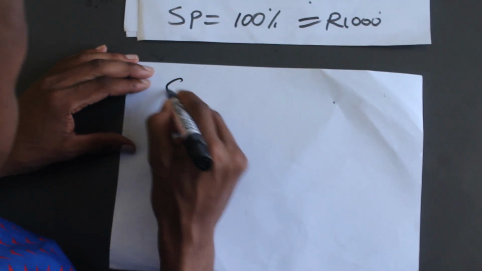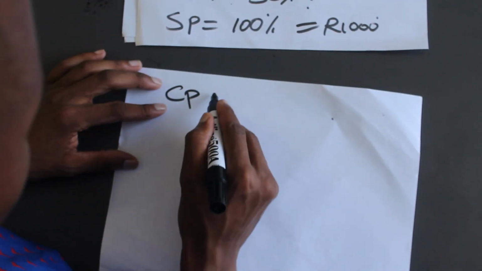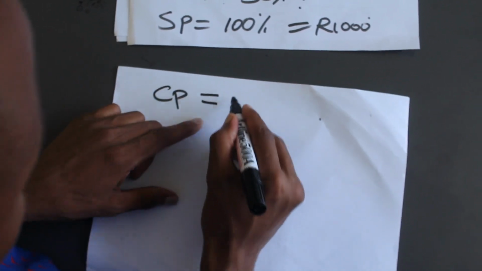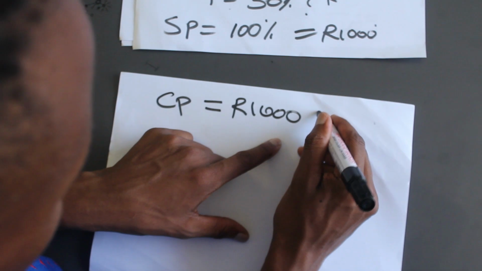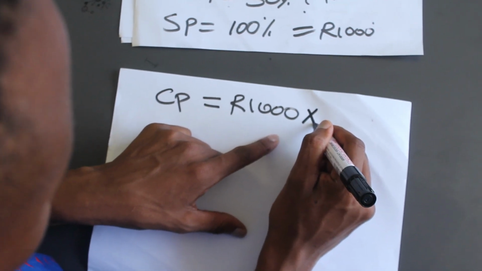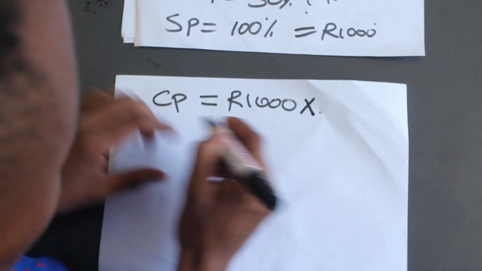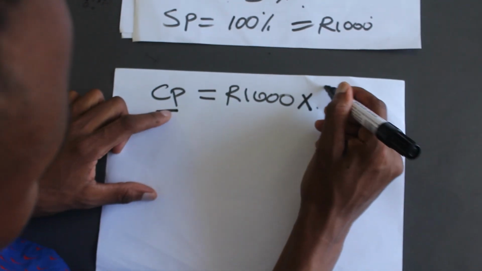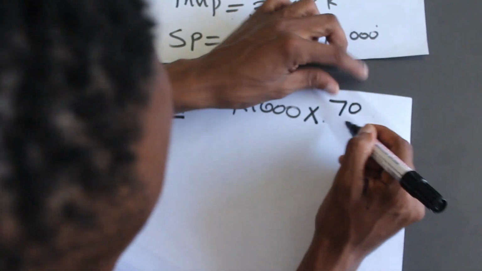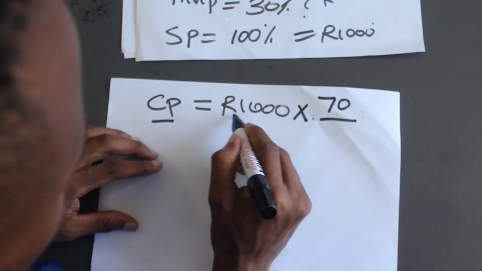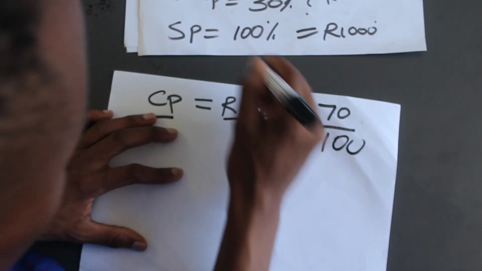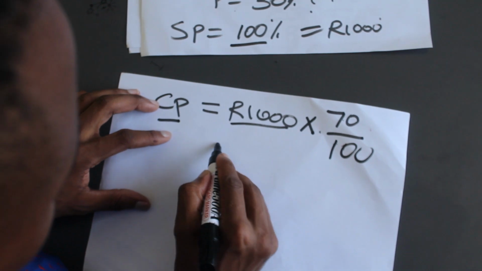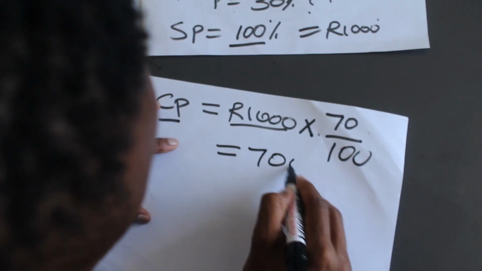Let's start with the cost price this time. Our cost price is equal to the 1,000 Rand of selling price multiplied by the percentage of the cost price, 70, divided by the percentage of the 1,000, which is 100, and then you will go back to your 700.